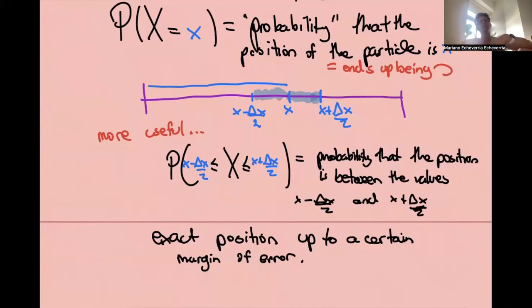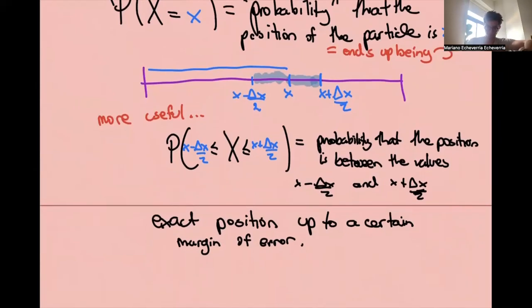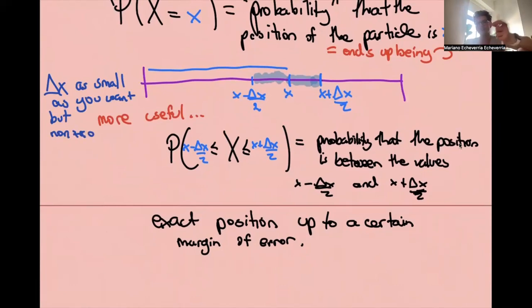So delta x is as small as you want as long as it's non-zero. As long as you choose an actual length for the interval, you're good to go.